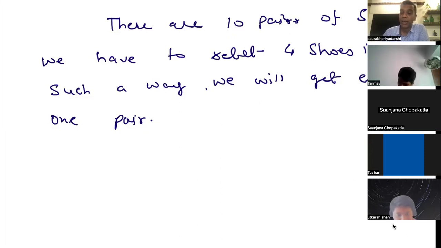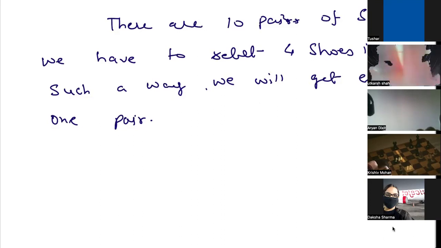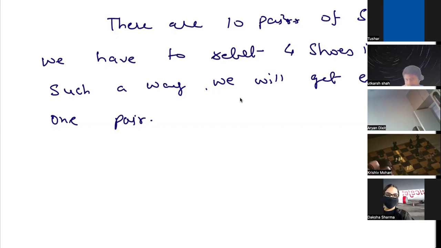This is again a very, very famous concept, not only the question. When we have to select the pairs, we can apply the derangement, but the selection process will be like only a few shoes we have to select.